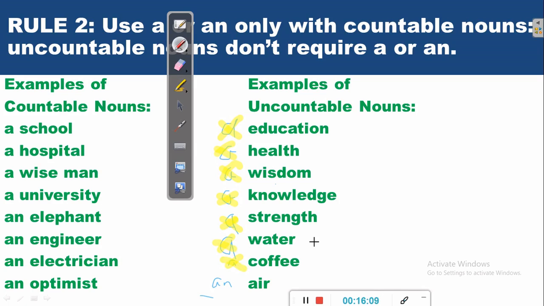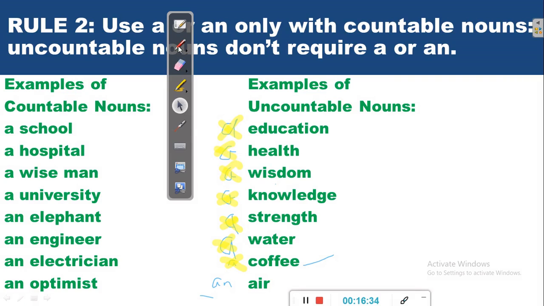However, there is an exception here that when you say a coffee, you give coffee a special meaning in this case. The coffee you are talking about is then different from the general type of coffee that we talk about.